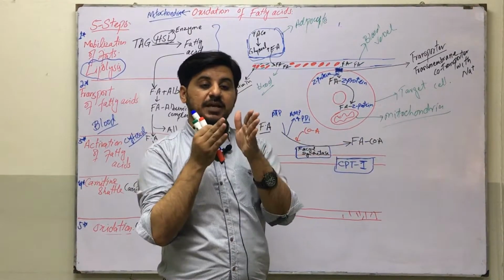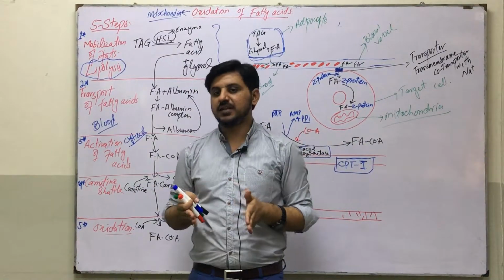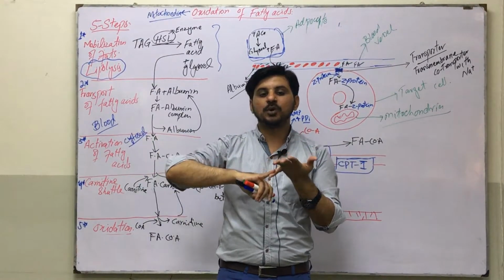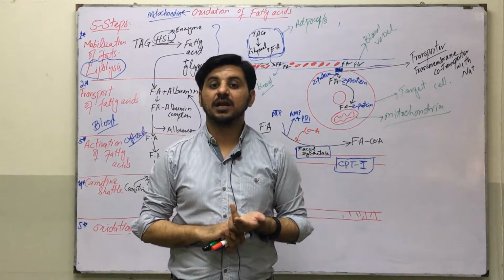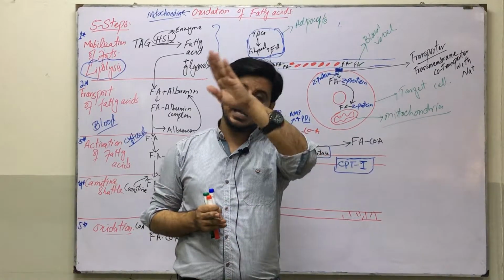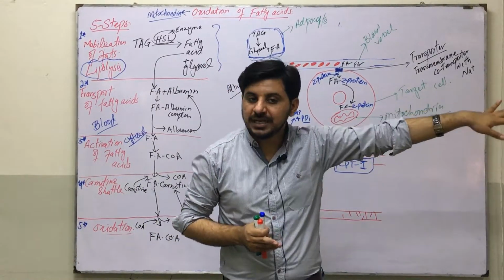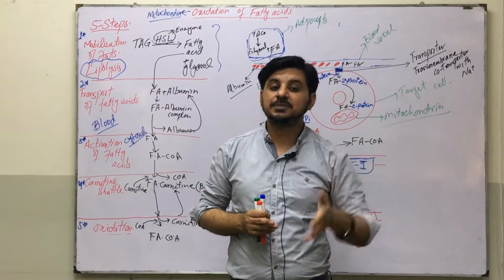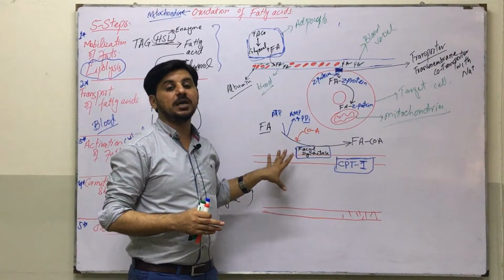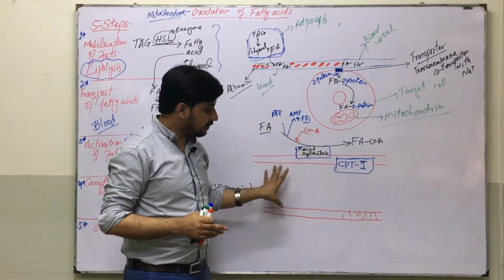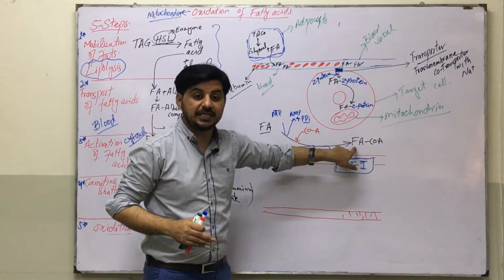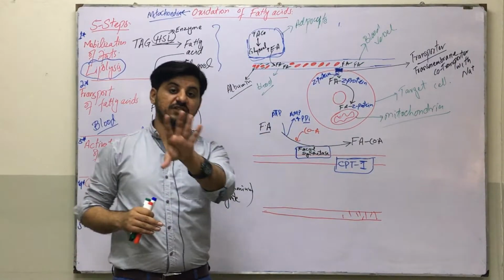Such type of fatty acids are named as very long chain fatty acids, and fatty acids containing less than 14 carbons are referred to as medium chain fatty acids and short chain fatty acids, and this shuttle is not used for medium chain or short chain fatty acids. This shuttle system is only used for very long chain fatty acids after the activation.